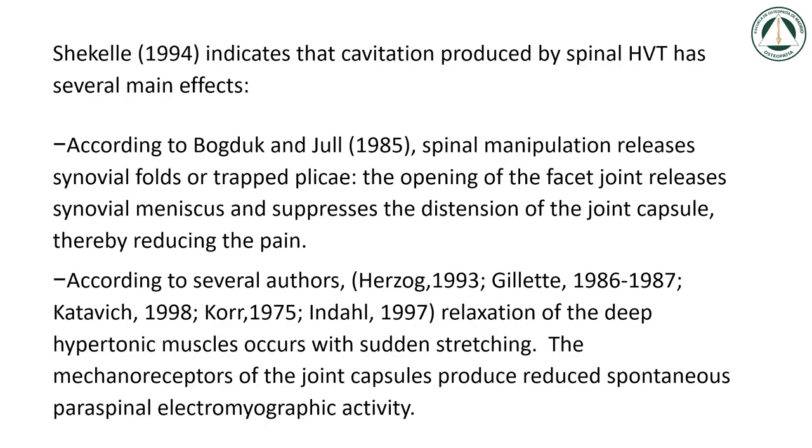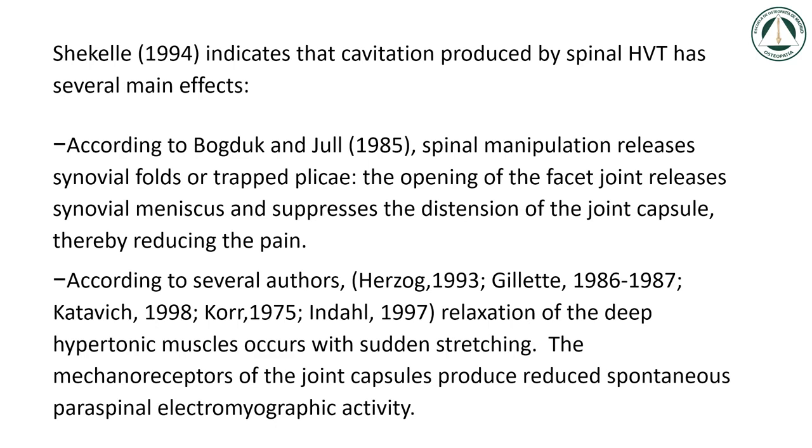Hsieh, 1994, indicates that cavitation produced by spinal HVT has several main effects. According to Bogduk and Jull, 1985, spinal manipulation releases synovial folds or trapped plicae. The opening of the facet joint releases the synovial meniscus and suppresses the distension of the joint capsule, thereby reducing the pain.